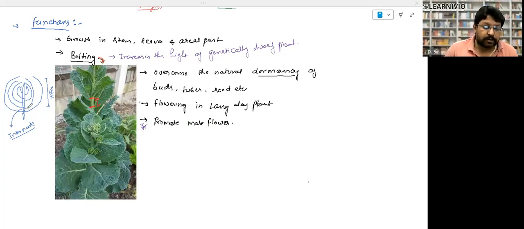There are the nodes and internodes. When you spray gibberellin, the internodal length will increase, right? So when you increase the height of a genetically dwarf plant, this process is called bolting, right?